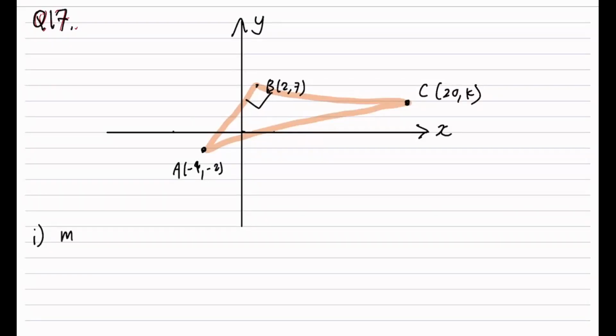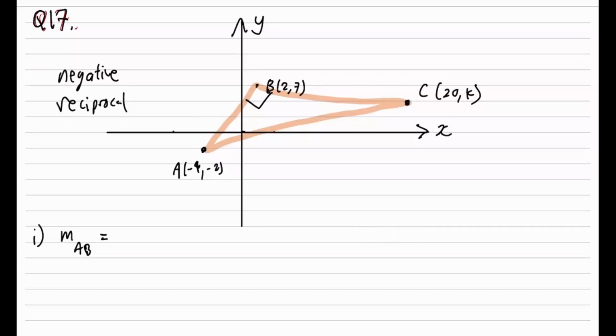You find gradient MAB, and then you take the negative reciprocal, which would be gradient MBC, and then you use that to find k. Correct. Yes, that's the correct way.